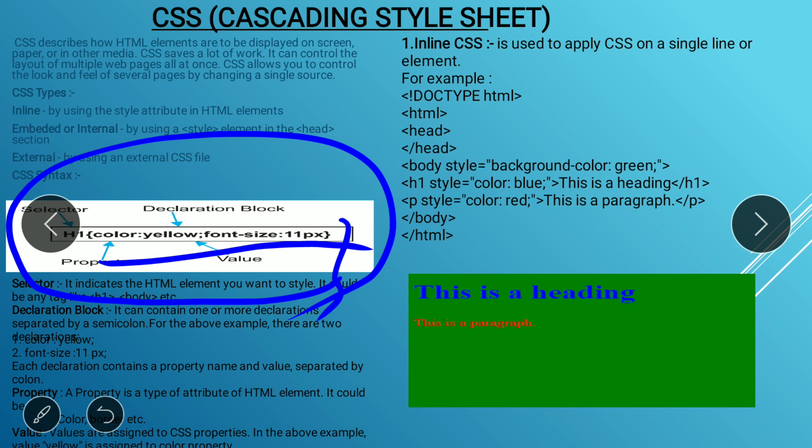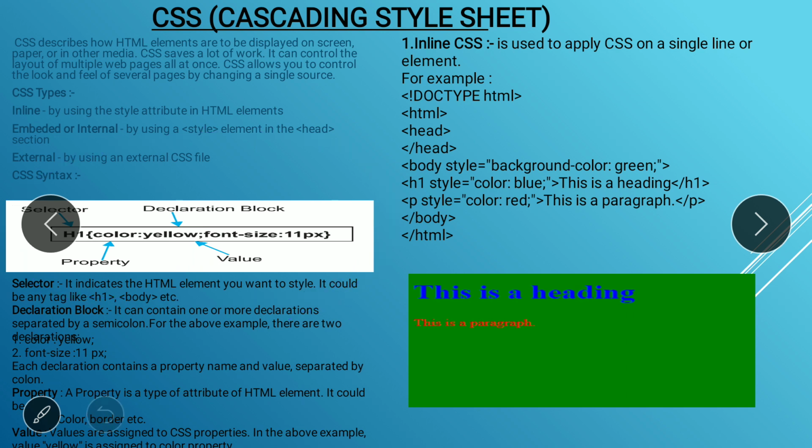You can see here after the h1 we write a curly bracket, and in that we write down the property and the value. Here we write down two properties. One is the color and the second one is the font size.